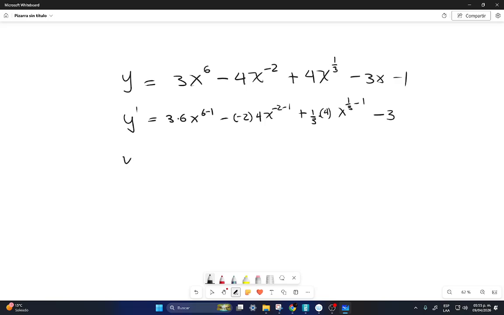Okay, let's simplify that. As you can notice, I also used the other type of notation.